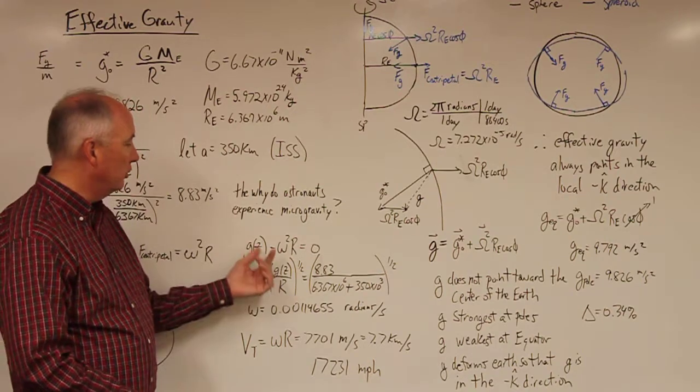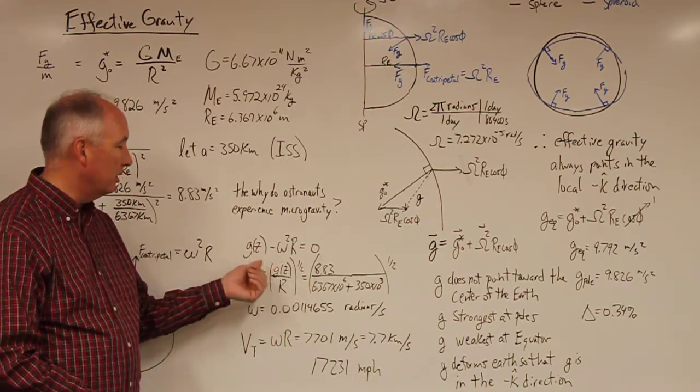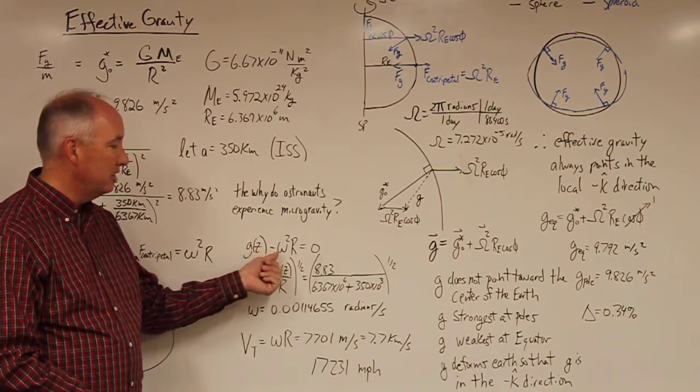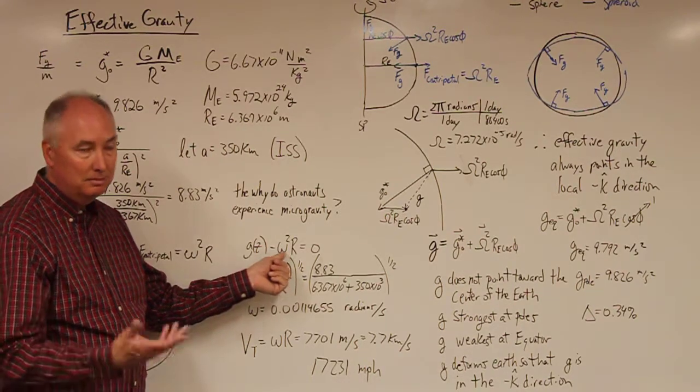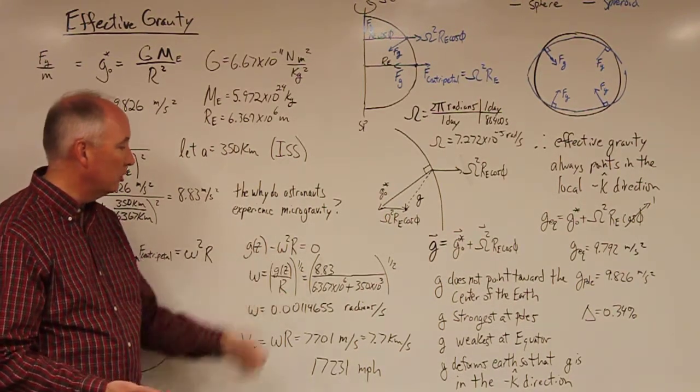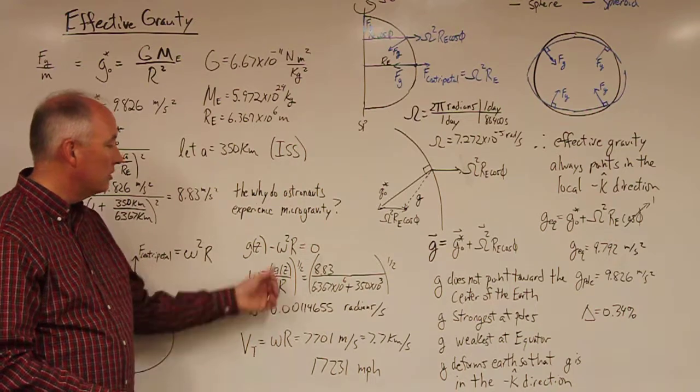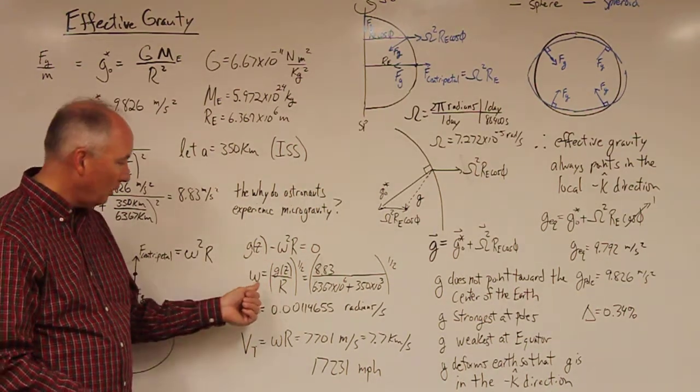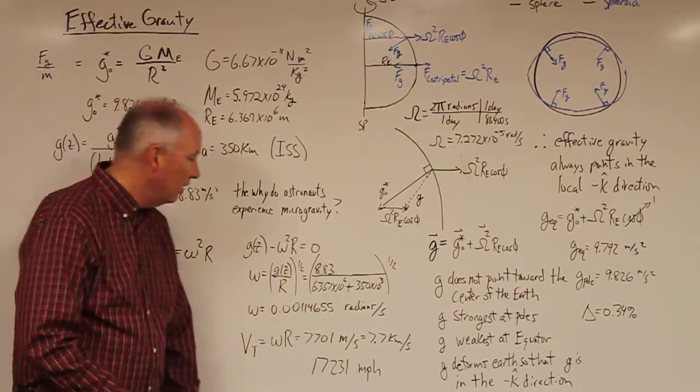To do that, you just set the two forces equal to 0: g of z minus the centripetal acceleration, omega squared r, set equal to 0, and solve for omega, the angular velocity.